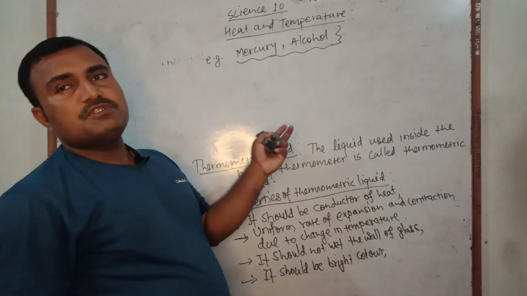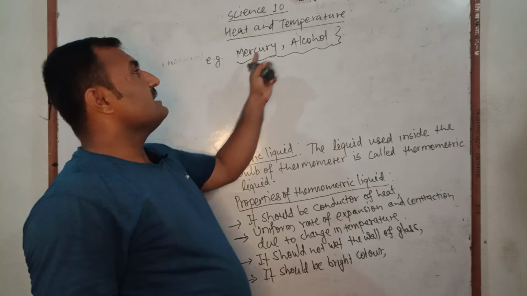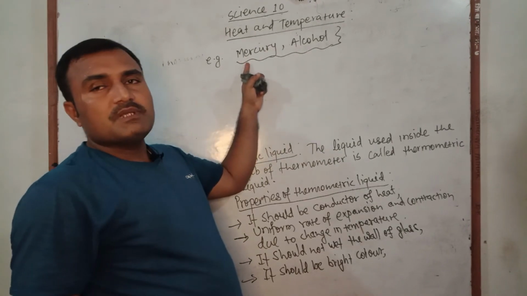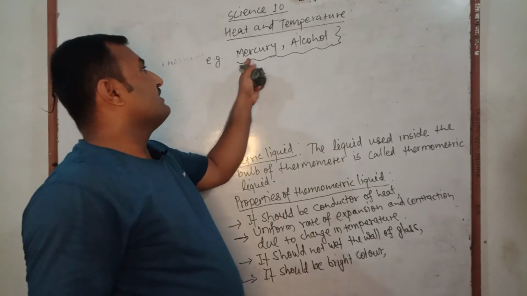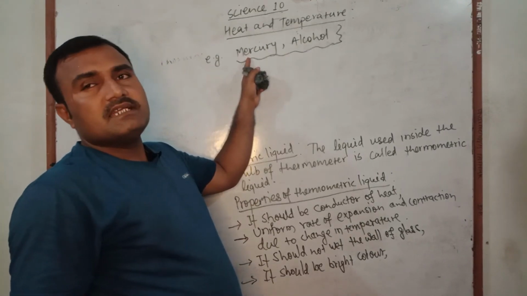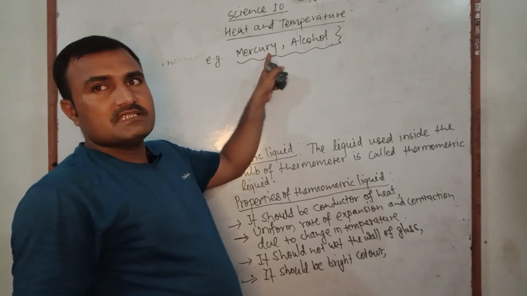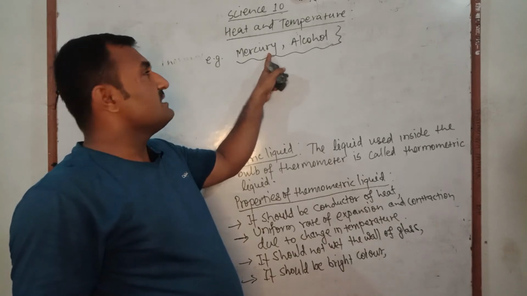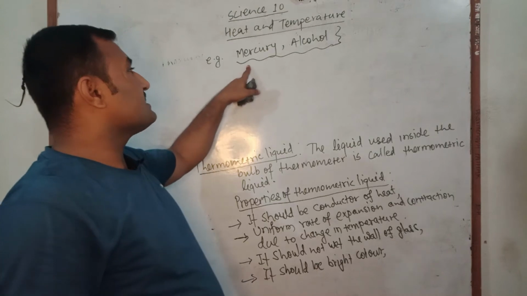In the previous video we already discussed the properties of mercury and alcohol. Mercury is a bright liquid with a uniform rate of expansion and contraction, its freezing point is minus 39 degrees Celsius and boiling point is 357 degrees Celsius, and it does not wet or stick to the wall of the cylinder, hence it is used as a thermometric liquid.